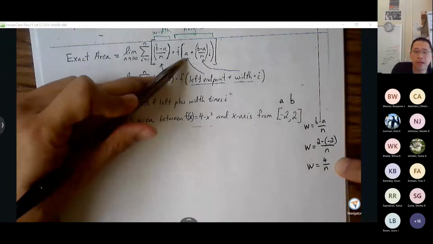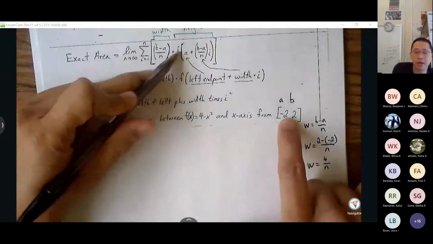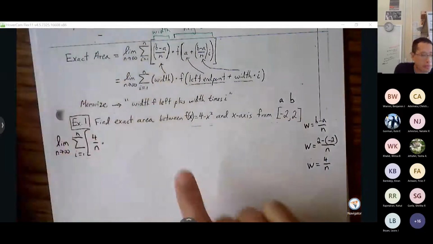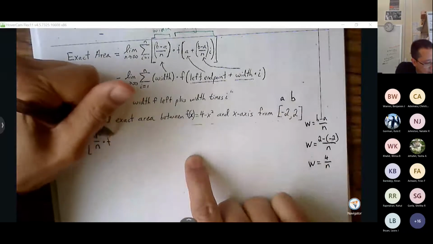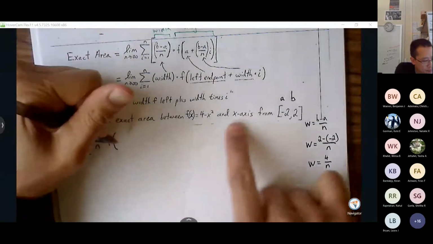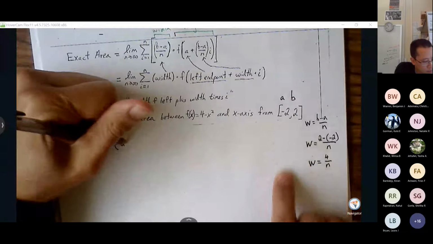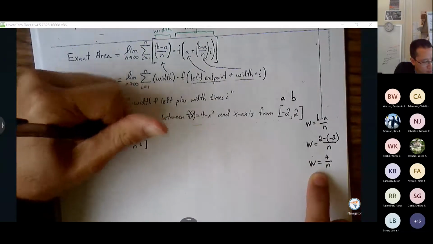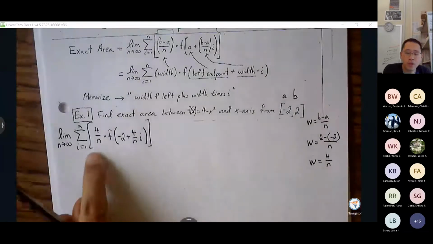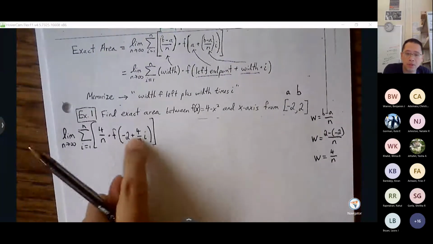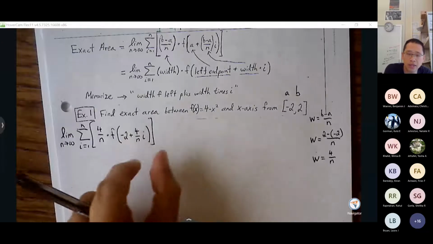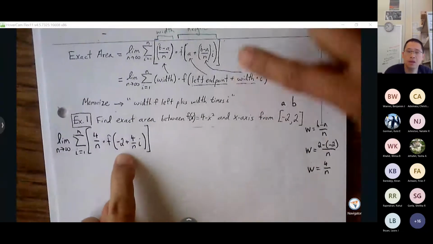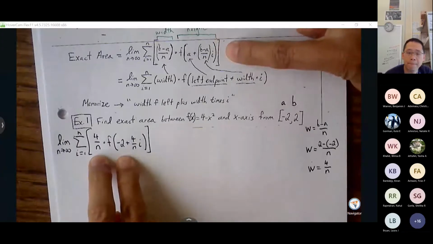Times f of a, my a value is -2, right? We're starting at -2, and then from there, we're going to begin incrementing our width. Okay, width component, height component, but this is doing a lot of work here, getting each of the subintervals ready. All right, any questions so far?